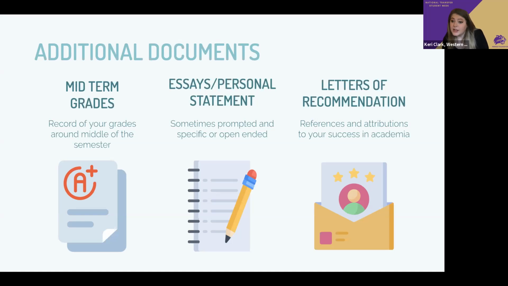These are sometimes optional as well, or sometimes required for the application process. And then you've got letters of recommendation. These are references, people who will write in to attest to your success. Some of these may be optional or some of them may be required. Just like I said, keep that open line of communication with your admission department and see what all you'll have to submit in order to get that application reviewed.